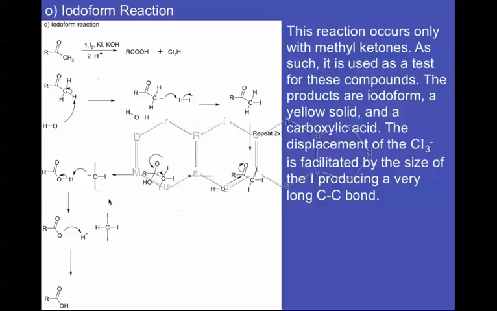A common question I get is, why does the C negative take the H off the carboxylic acid? Why don't we simply add the H plus from the second step to the C negative and form the iodoform that way? Well, the reason we do this is because the C negative is less stable than the O negative. The other way of looking at this is that carboxylic acids are first and foremost acids.